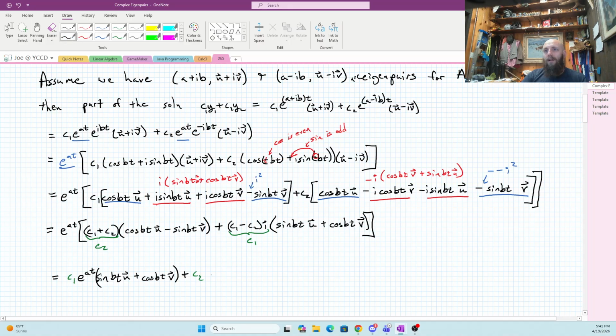And I got a cosine of bt u. Oops. Dang it. What did I forget? I forgot my e to the at. So I got my e to the at. And then I got parentheses. And then we got cosine of bt u minus sine of bt v.